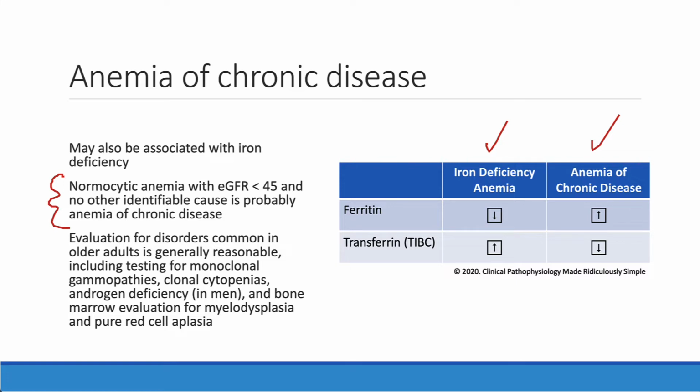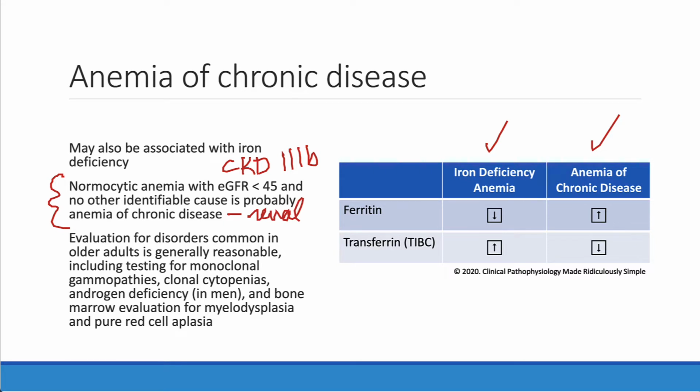So when we see a normocytic anemia with a GFR less than 45, okay, so that makes them CKD 3A, or I'm sorry, well, it's the borderline of A and B, right? So CKD stage 3B with a normocytic anemia is probably anemia of chronic disease, the renal type, okay?